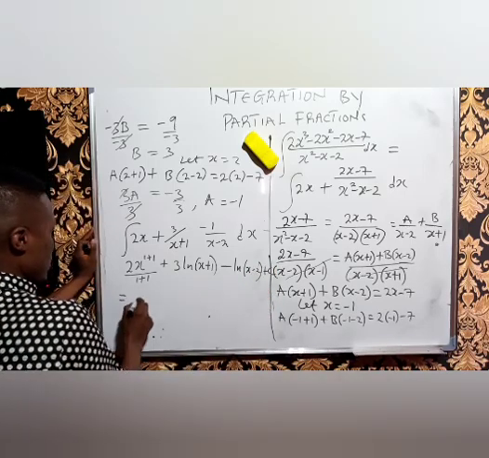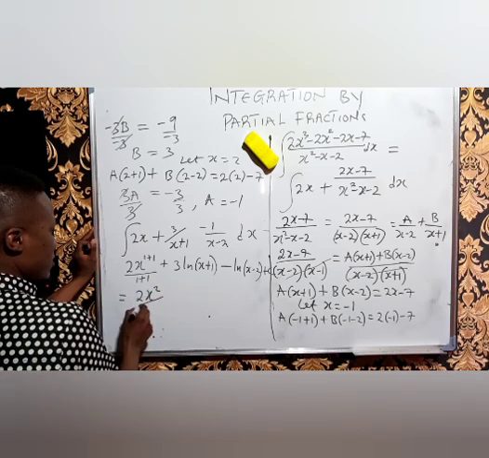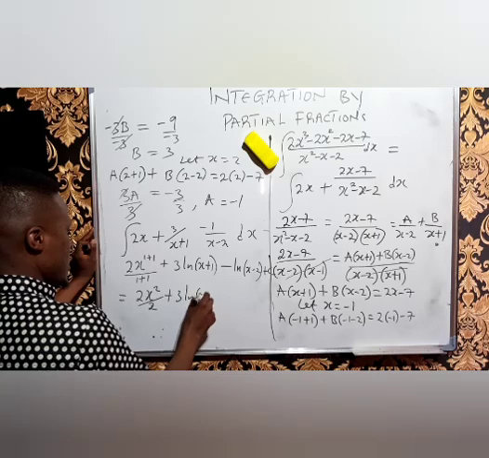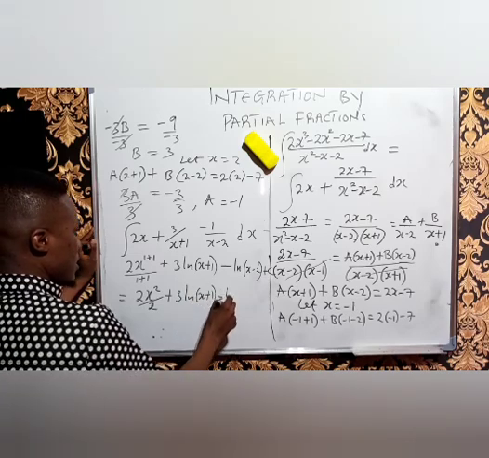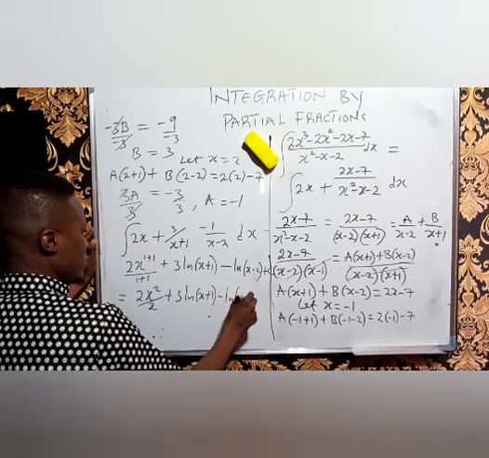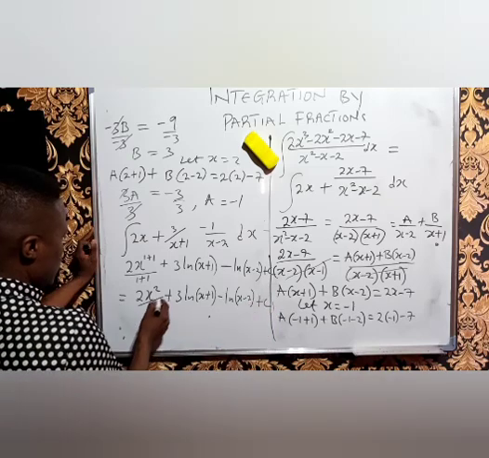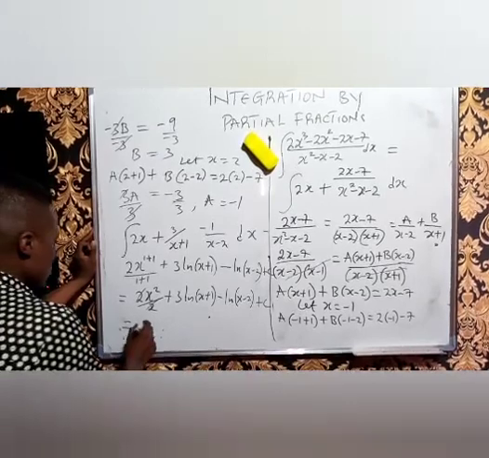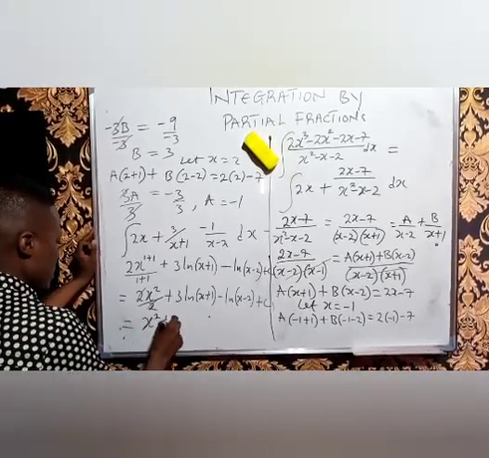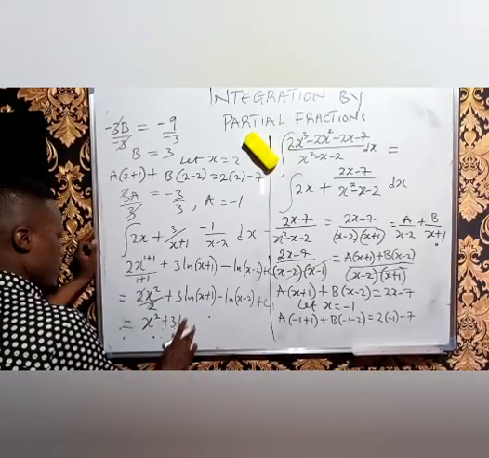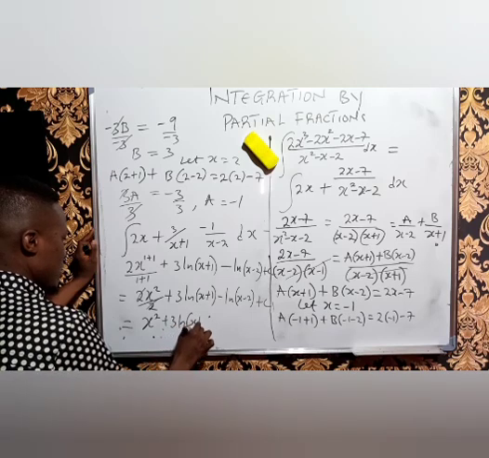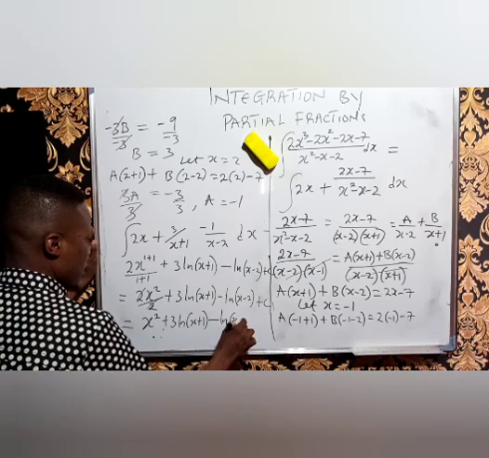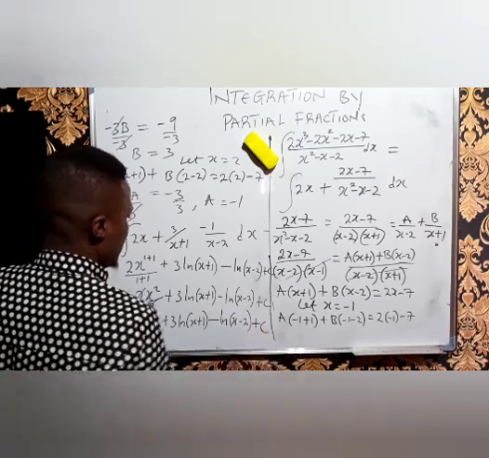So this is now equivalent to 2x^2 over 2 plus 3 ln(x + 1) minus ln(x - 2) plus c. 2 cancels out. So finally, this integral turns to x^2 + 3 ln(x + 1) - ln(x - 2) + c.